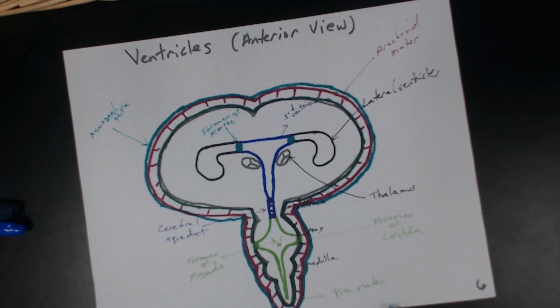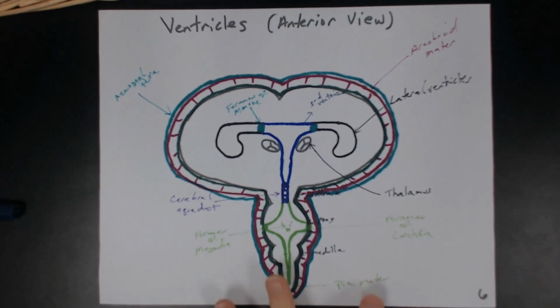Okay, sort of a quick review, and then that last layer that's very tightly adhered to bone, especially in the skull, that's your periosteal dura. Okay, now there's something important that you have to remember about the periosteal dura. It is only around the brain. It is not around the spinal cord. Okay? So it is only attached to the skull on the inside. It doesn't go any lower than that.